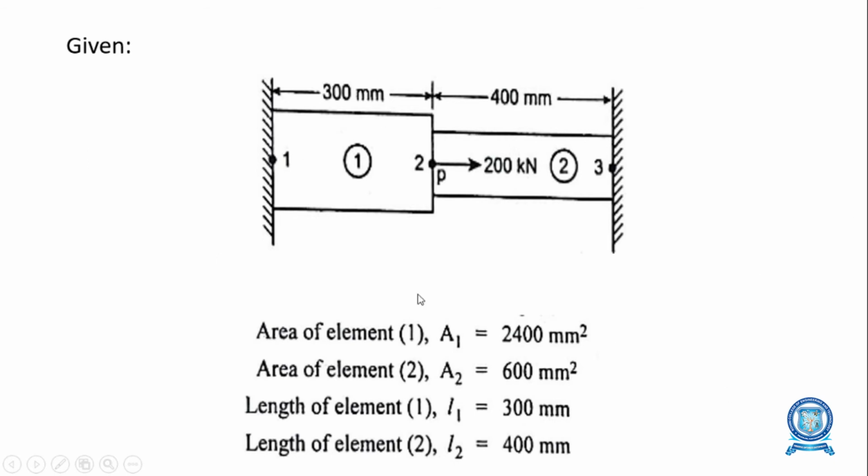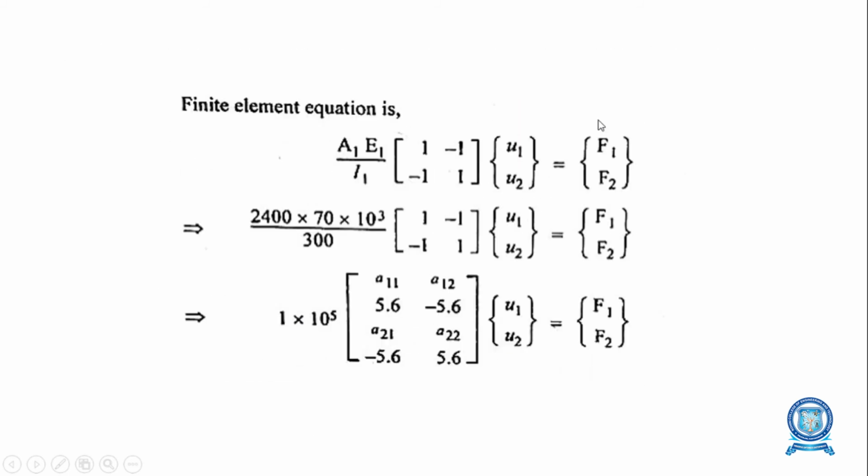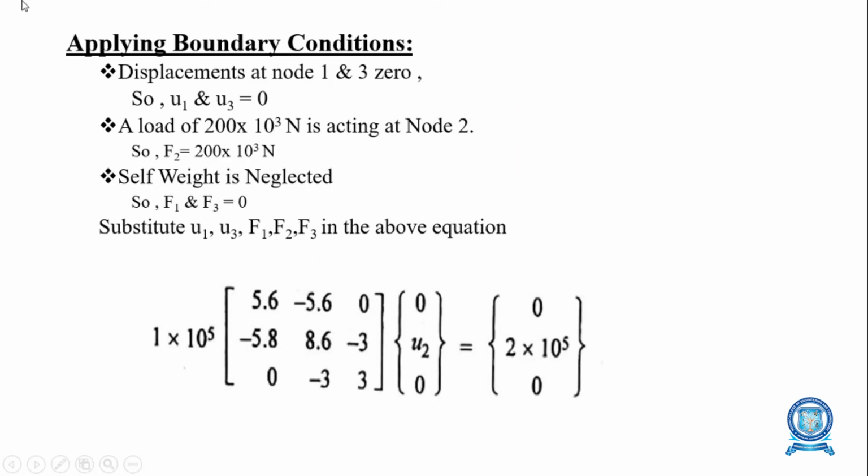For the first node and the third node it is fixed, so there is no displacement. So u1 is equal to 0 and u3 is equal to 0.